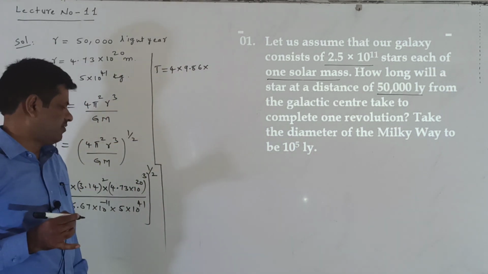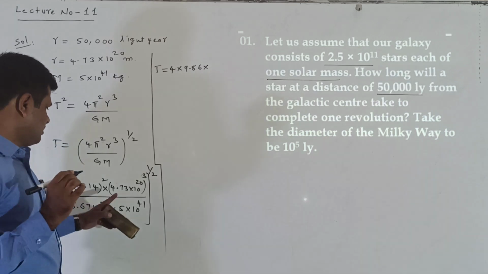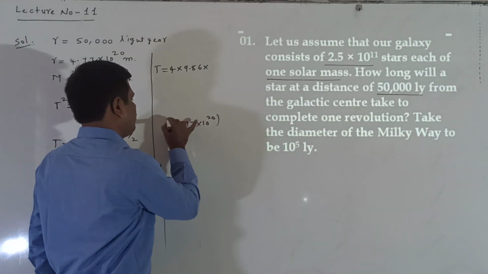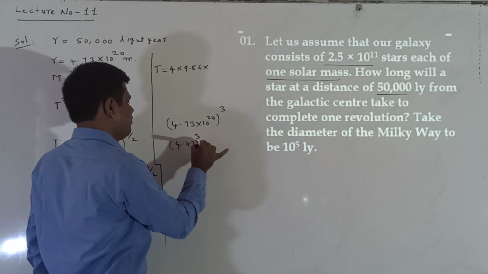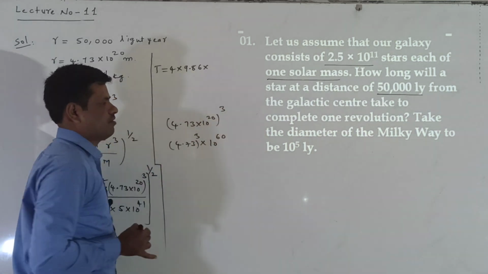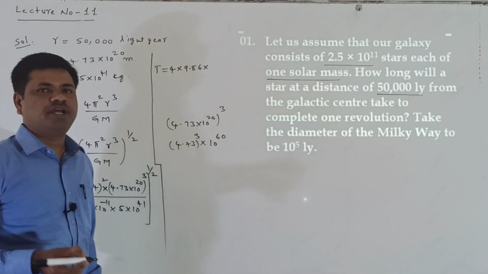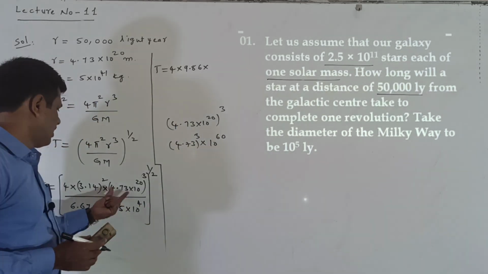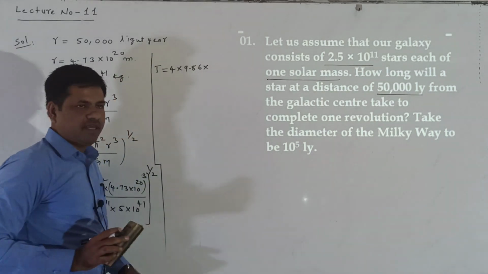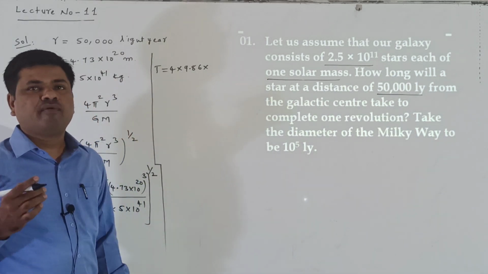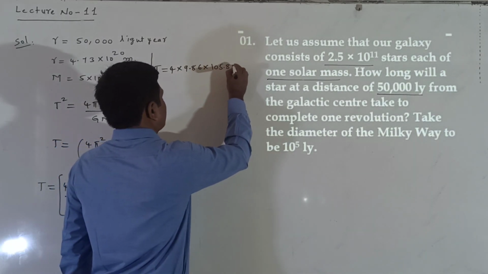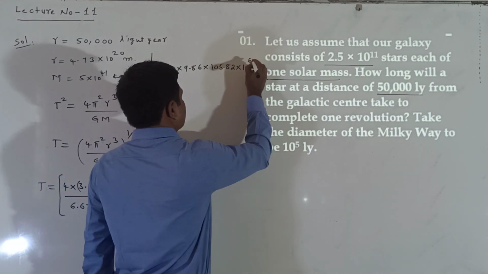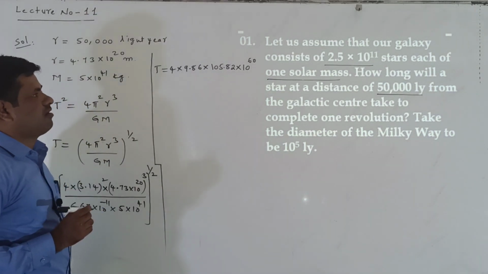Then 4.73 whole cubed, 4.73 into 10 power of 20 whole cubed. 10 power of 20 whole cubed is 10 power of 60, since a to the power m whole power of n is a to the power of m into n, and 20 into 3 is 60. The value of 4.73 cubed is nearly 105.82, so we get 105.82 into 10 power of 60.